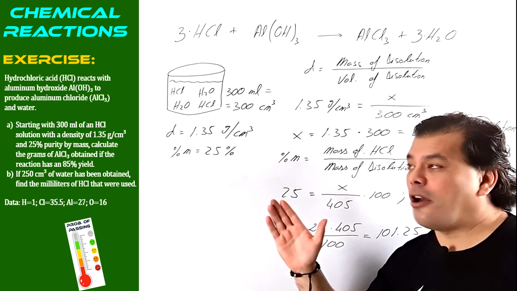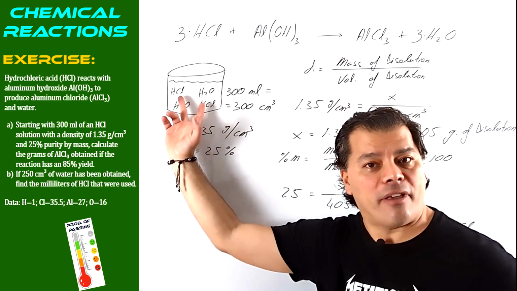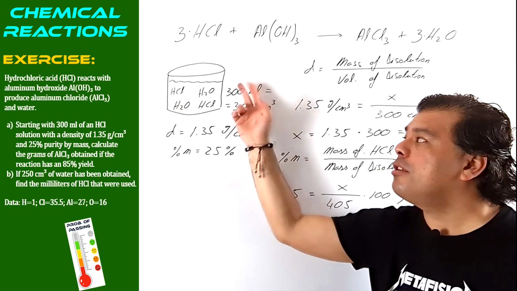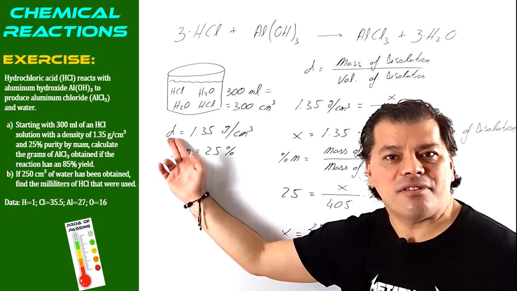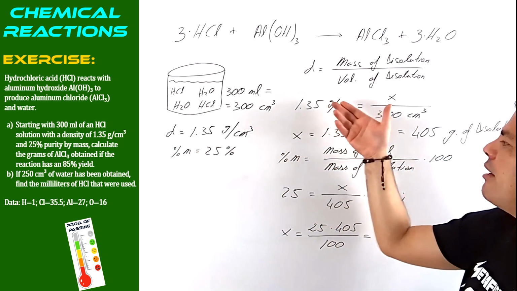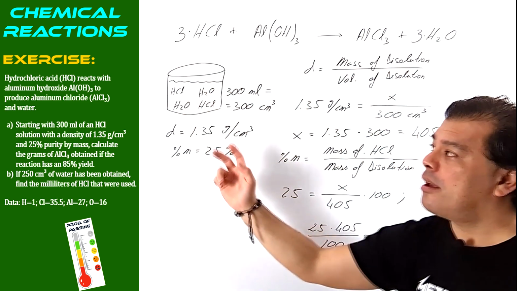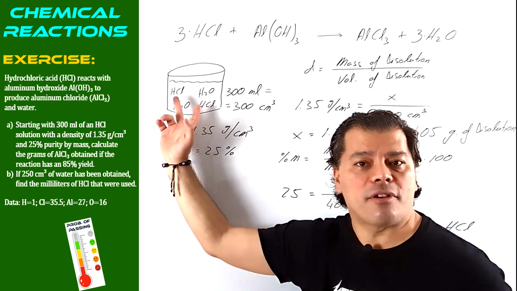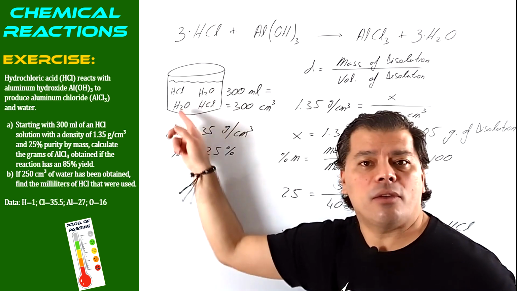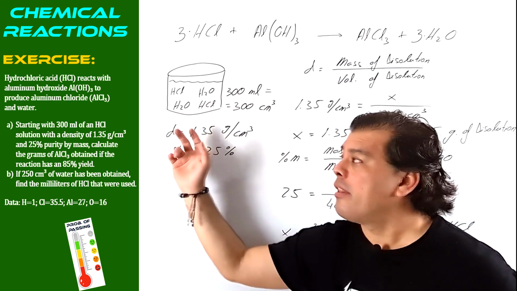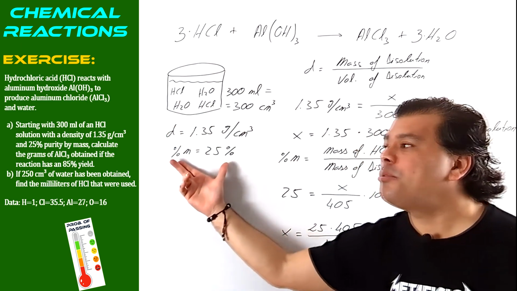Don't forget what we've done. We were interested in knowing only the grams of hydrochloric acid. We were given the volume of all this solution, but also the density. So using this data, we could calculate the mass of this solution. But how can we calculate only grams of hydrochloric acid, not water, because we don't need the grams of water that travels here. We only need the grams of hydrochloric acid. Well, using the purity mass.